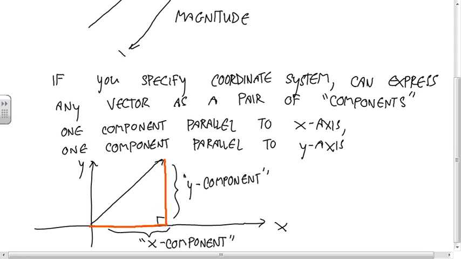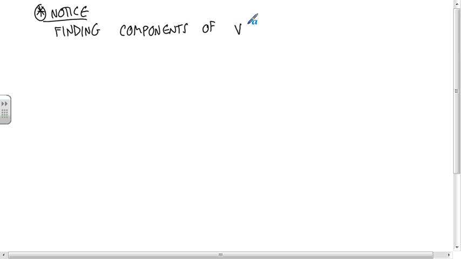One thing that is worth noticing, I'll bring this up again: finding the components of a vector is equivalent to finding the coordinates of a point.